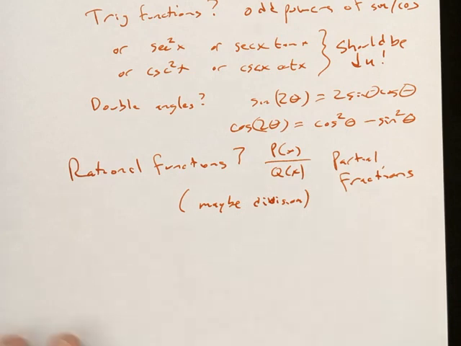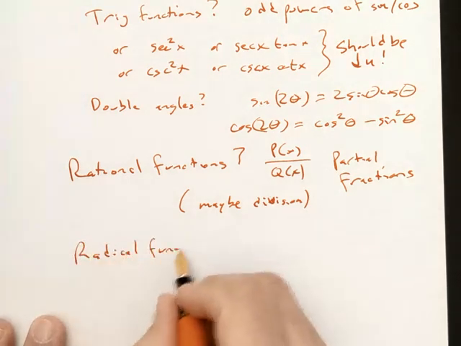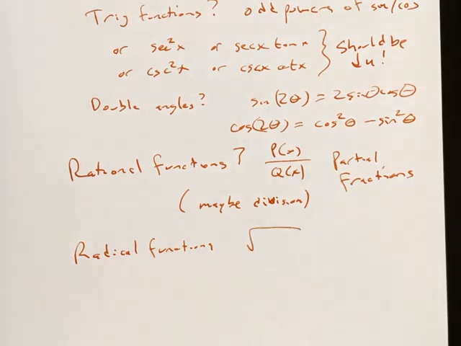If I see a root, radical functions, well, that's what that symbol's called, right? A radical. If that stuff under there matches my squares patterns, then maybe I'll do a trig sub.